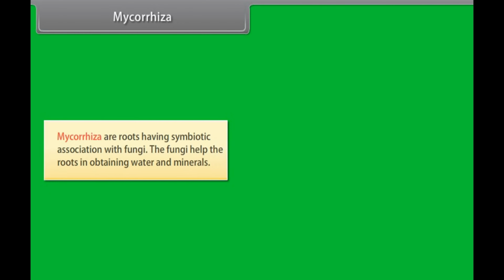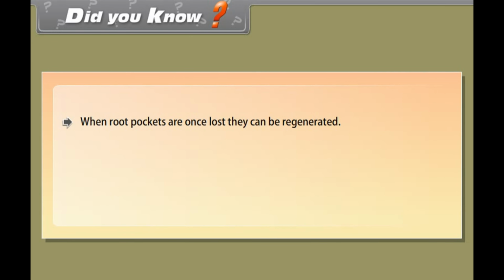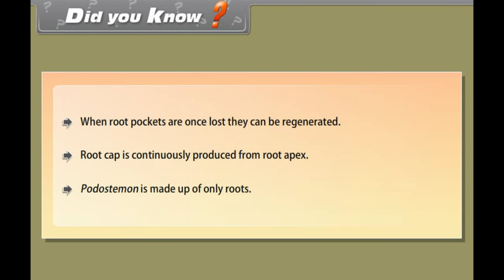Mycorrhiza: roots having symbiotic association with fungi. The fungi help the roots in obtaining water and minerals. Did you know? When root pockets are once lost, they can be regenerated. Root cap is continuously produced from the root apex. Podostemon is made up of only roots.